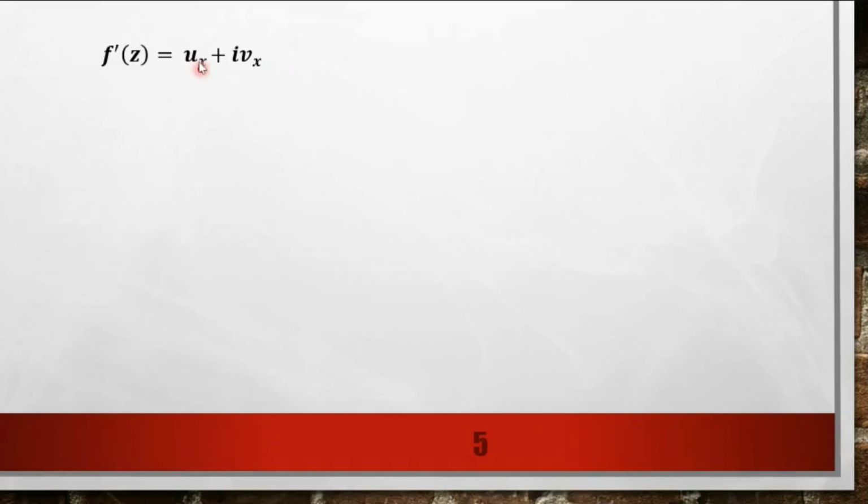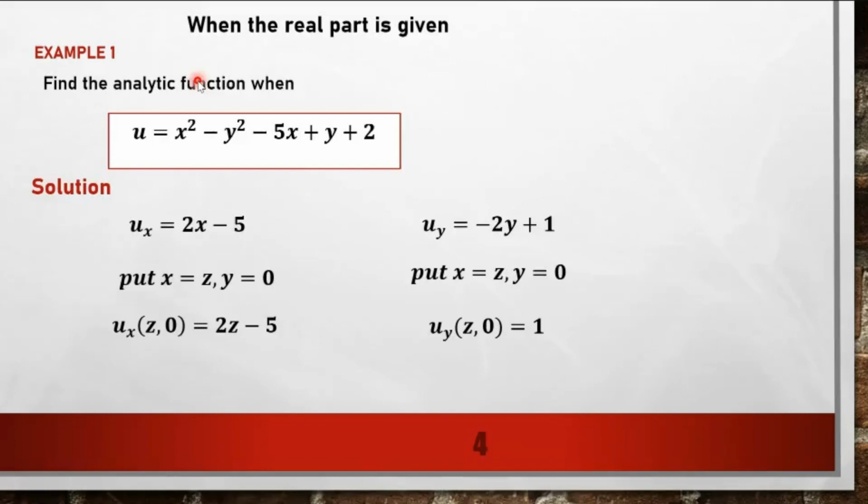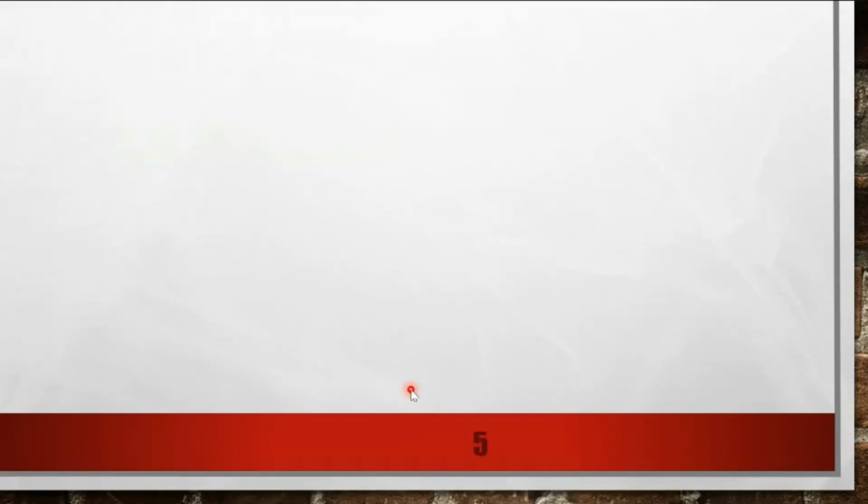Now since u is given, we have calculated ux and uy, है ना? Previous slide में हमने क्या calculate किया था? ux and uy calculate किया था हमने. But in the next step, we are having ux and vx. But vx is not known to us. vx हमको पता नहीं, हमारे पास खाली ux और uy है. vx हमें पता नहीं क्या है.